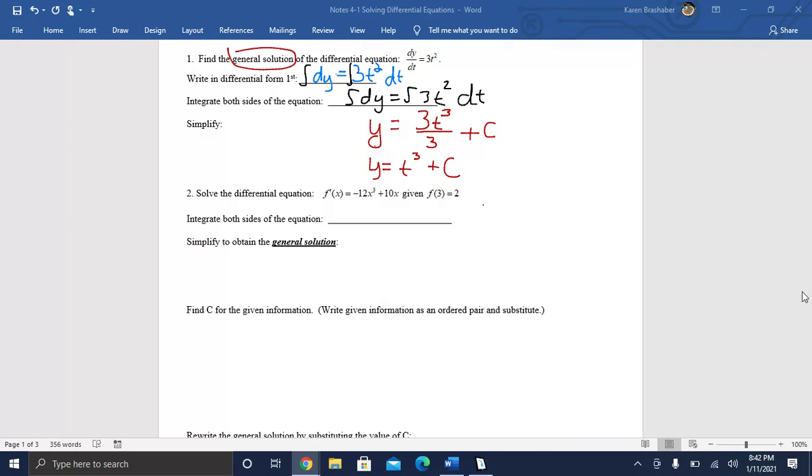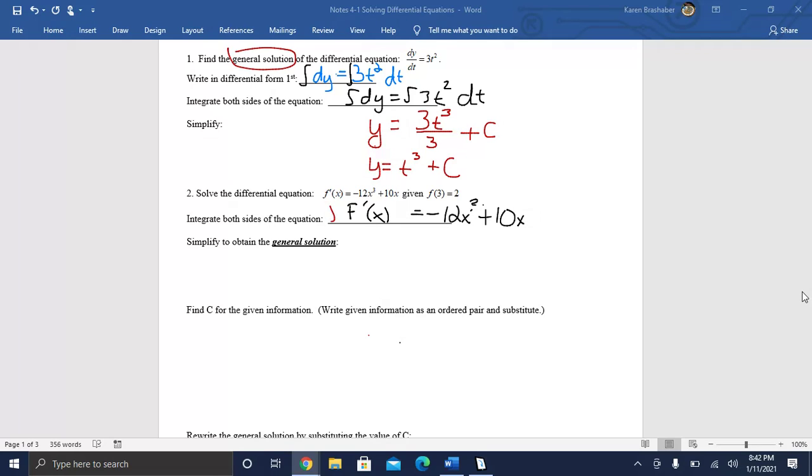Since this is not written in dy dx form, we're going to just start by integrating both sides of the equation. So I'm going to start us off with f prime of x as it's written, equals negative 12x to the third plus 10x. And so we will integrate both sides.